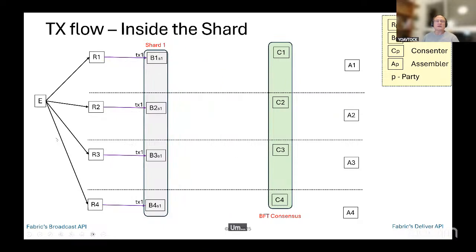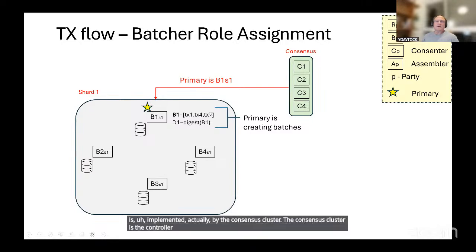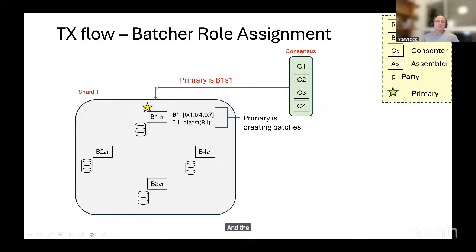Once the transaction is in the shard, a protocol within the shard happens. The first stage of this protocol is implemented actually by the consensus cluster. The consensus cluster is the controller of each shard, and it determines who is the primary batcher in the shard, which is marked here by a star.